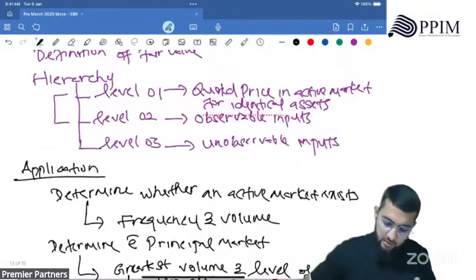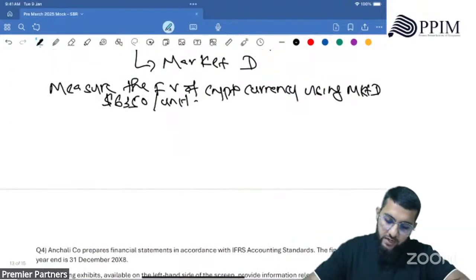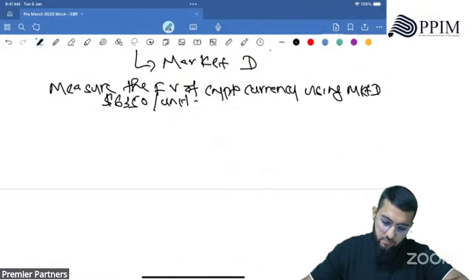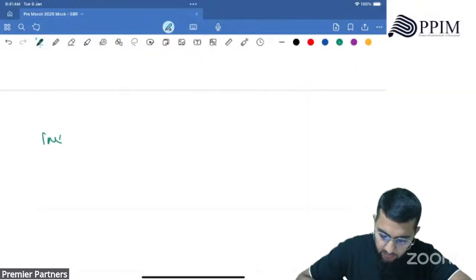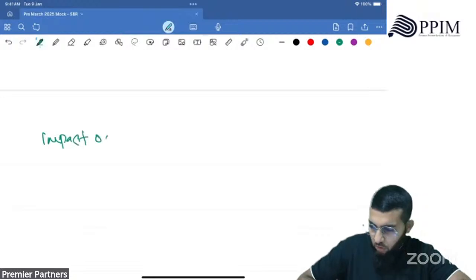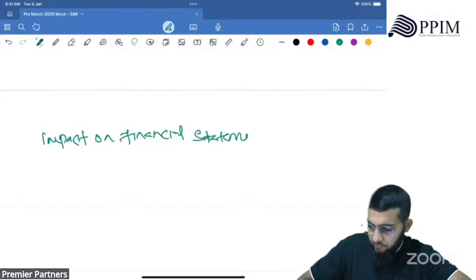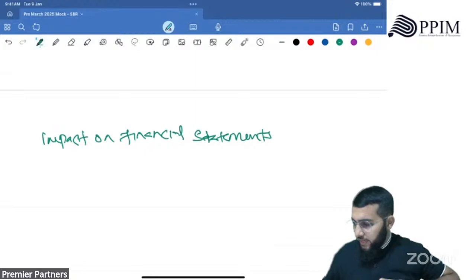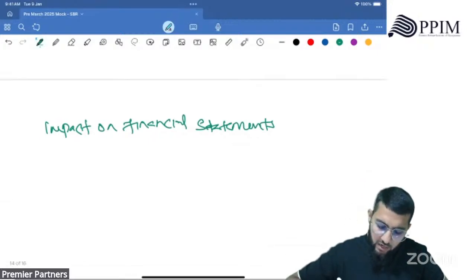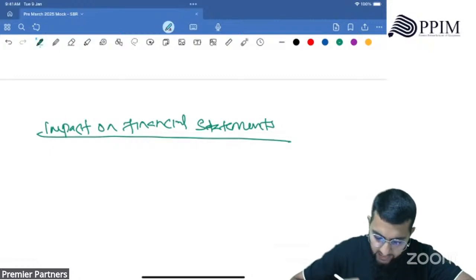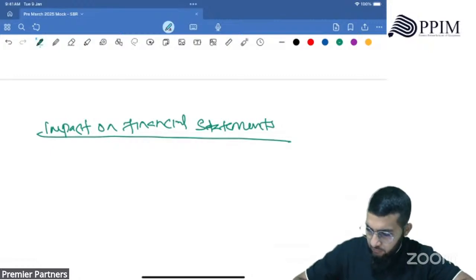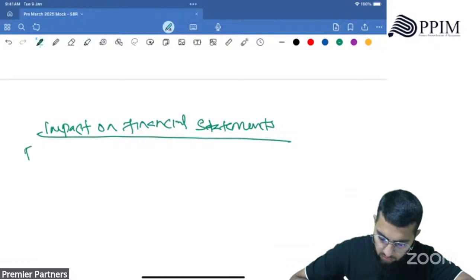right? So now we move to impact on financial statements. Right? So how to look at the impact? What is the new value? What's the fair value?